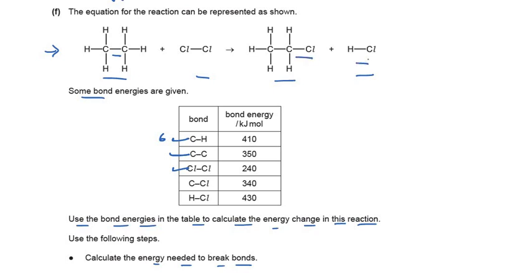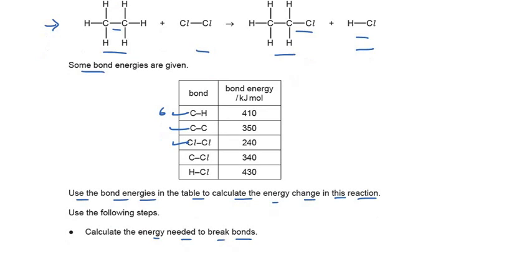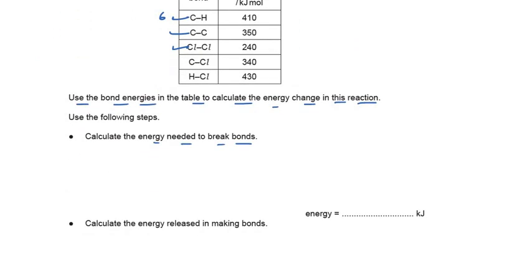So let's go ahead and calculate the energy of the reactants and products, where we calculate the energy needed to break the bonds for the reactants. As we have already seen, there is one C-C bond, so 354. Then there were 6 C-H bonds, so 6 times the value of the C-H bond, that is 410, plus one Cl-Cl bond, that is 240.